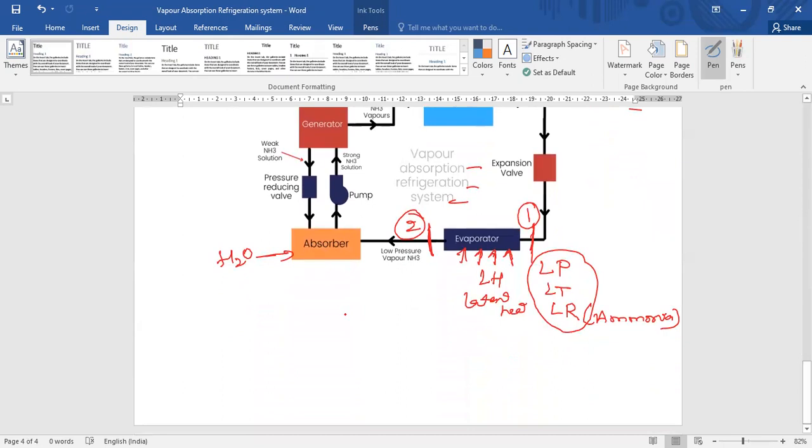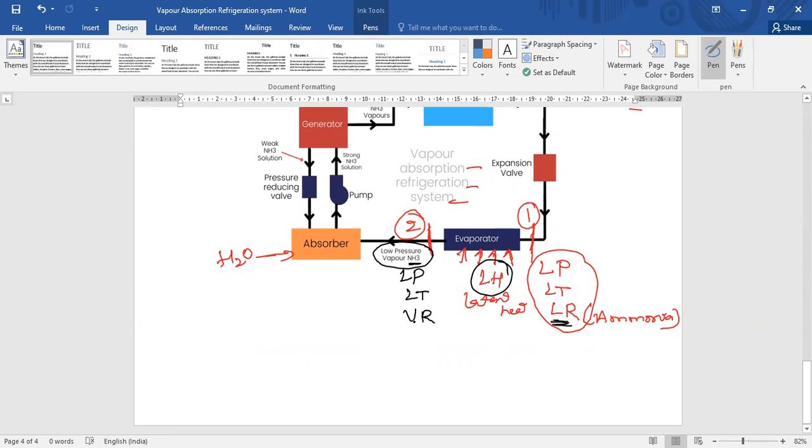So what is the condition at point number 2? At point number 2, the condition is again low pressure, low temperature, but it is not liquid refrigerant. Now it is vapor refrigerant because it has absorbed latent heat. Okay. Now see here, I have written low pressure vapor ammonia, and this is ammonia.